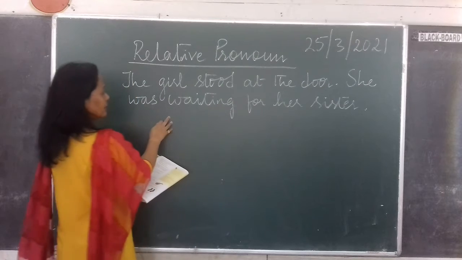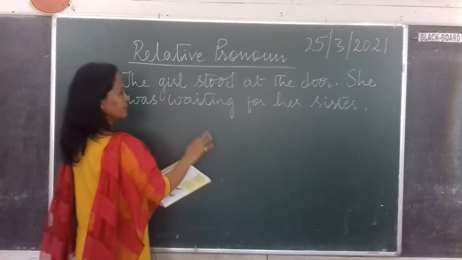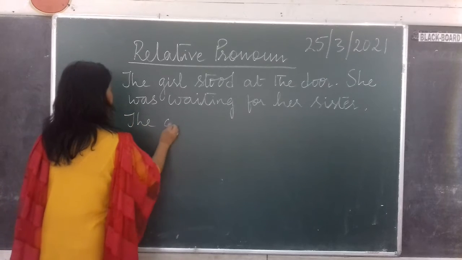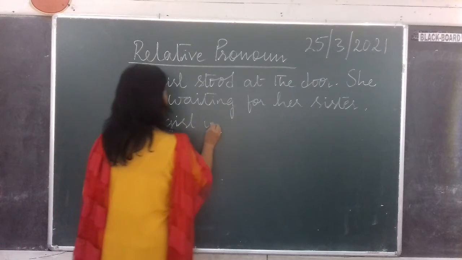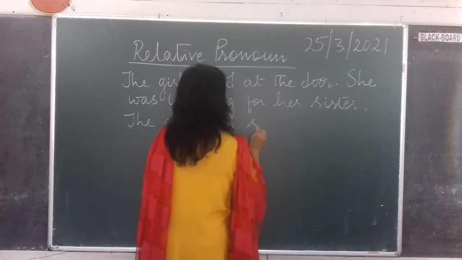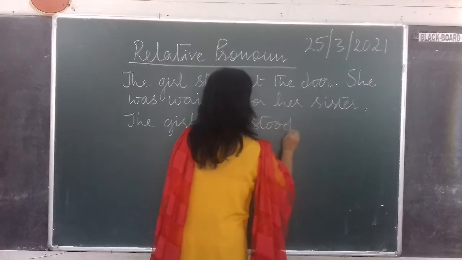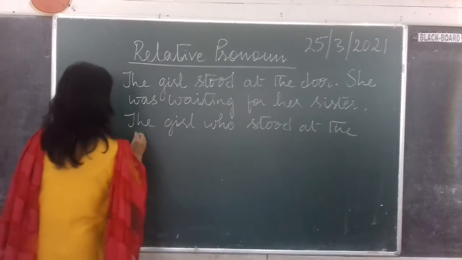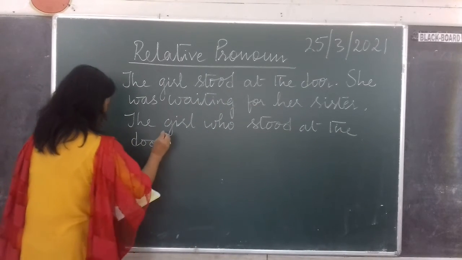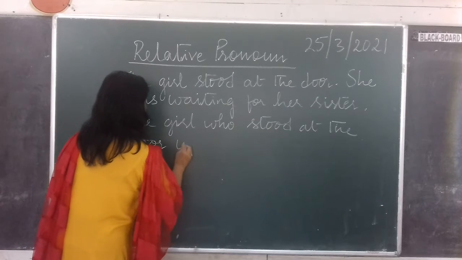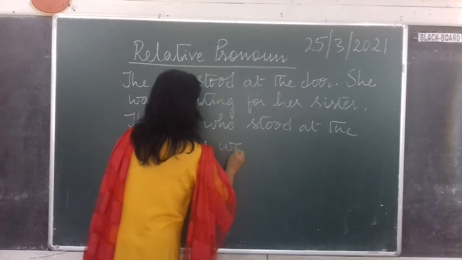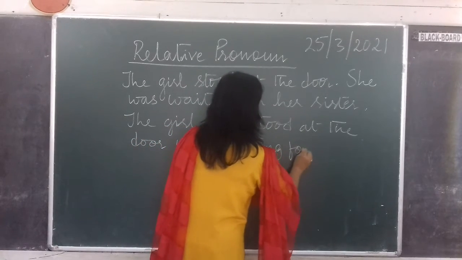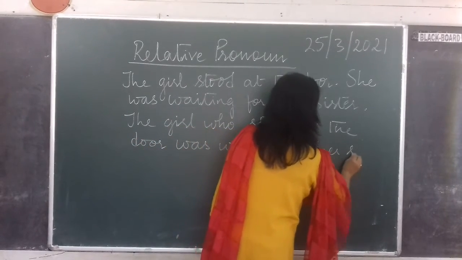So when you make it into a simple sentence, what you do is you write the girl who stood at the door was waiting for her sister.